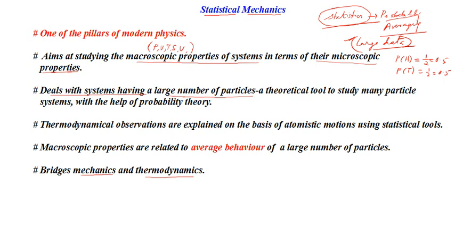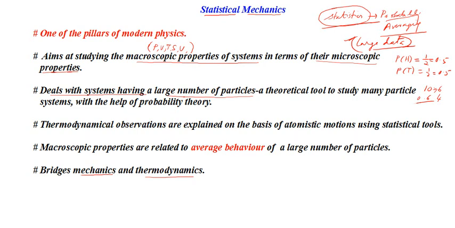That's the meaning. For example, if you toss maybe 10 times, the output need not be 5 heads and 5 tails. It can be say 6 heads and 4 tails. So what is the probability? We can say it is 0.6 for head.